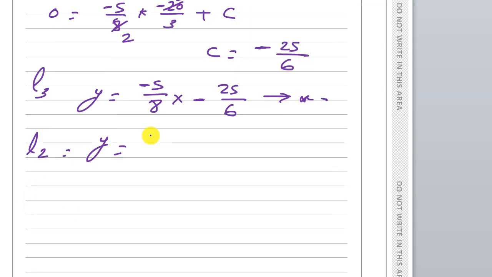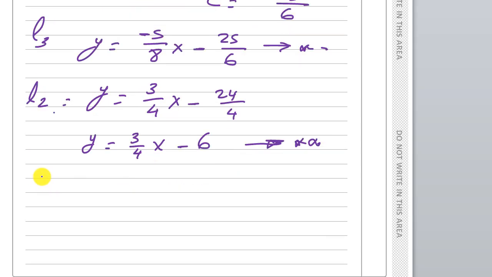L2 is 4y equals 3x minus 24, divided by 4. So y is equal to 3 over 4 x minus 6. So minus 5 over 8 x minus 25 divided by 6 is equal to 3 over 4 x minus 6.